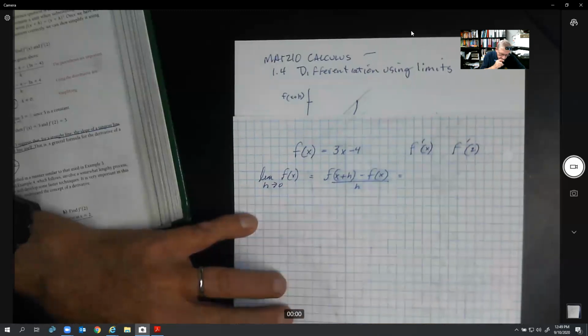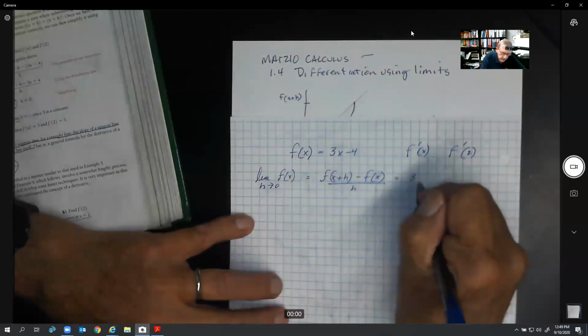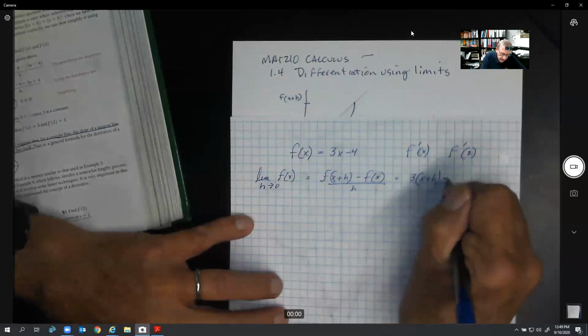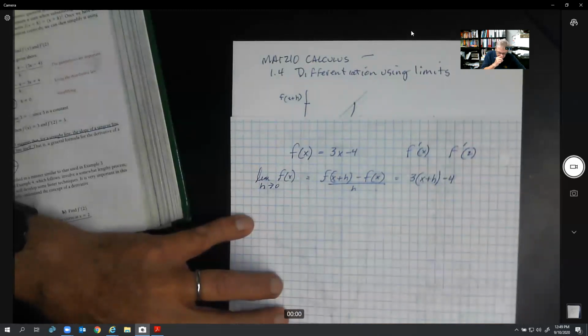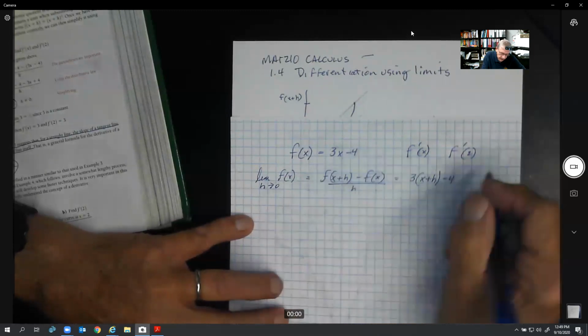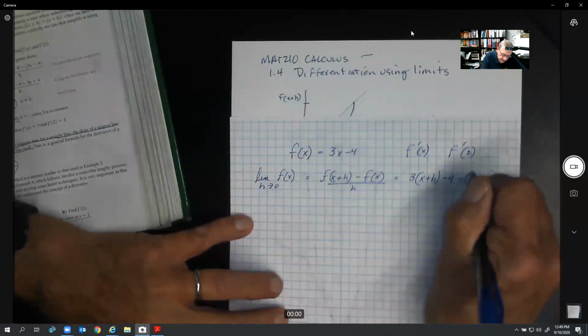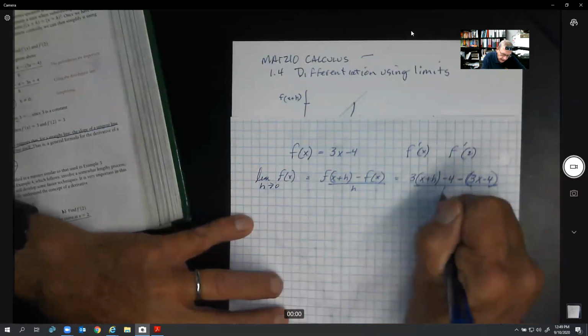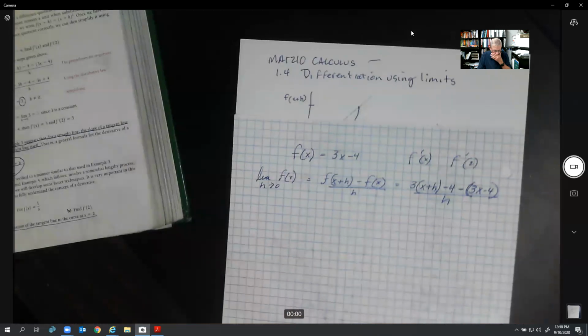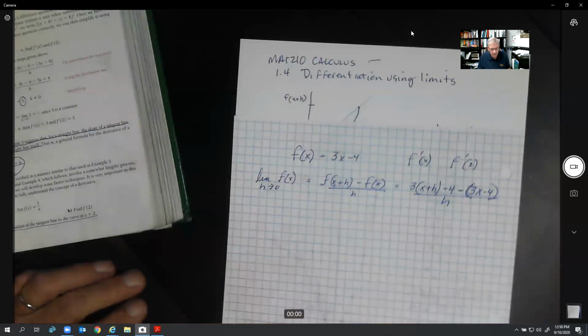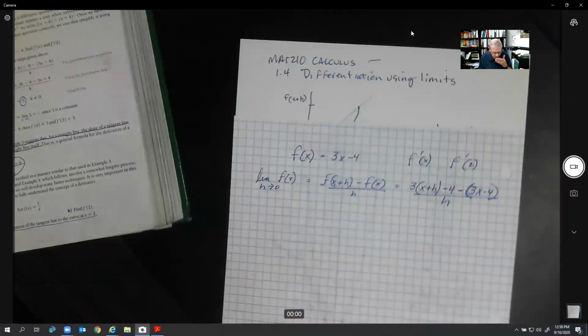So this is going to be 3 times x plus h minus 4, because we got to put that in, minus the original problem, 3x minus 4, so we need a parentheses, all over h. So if you're having a little trouble on the first one, maybe that's what you weren't doing.